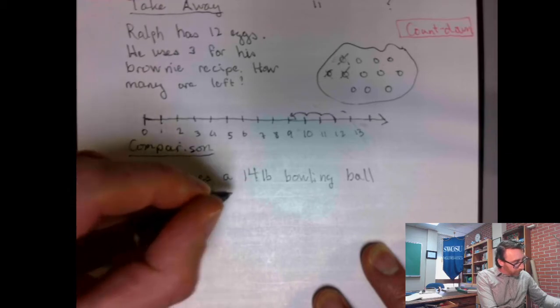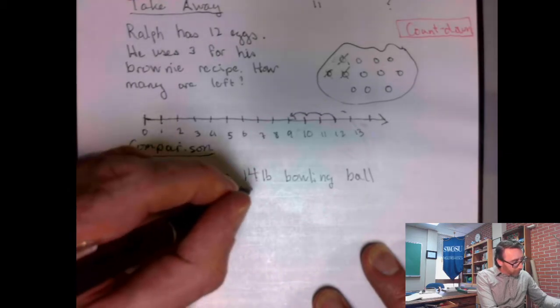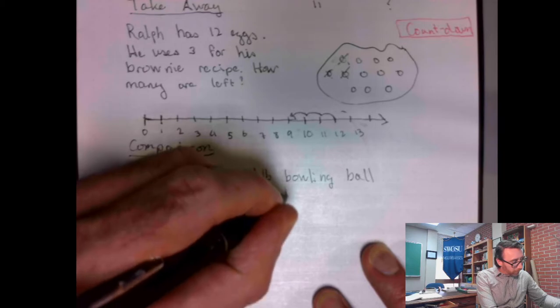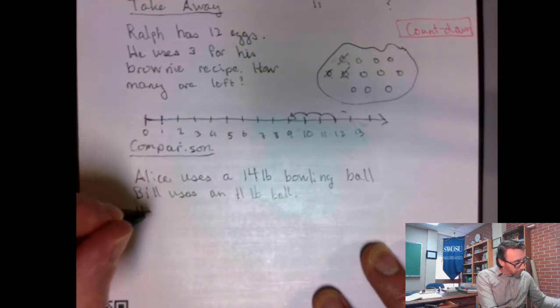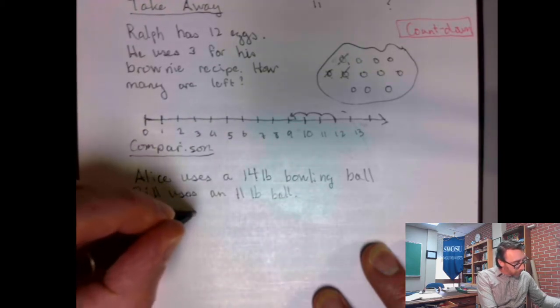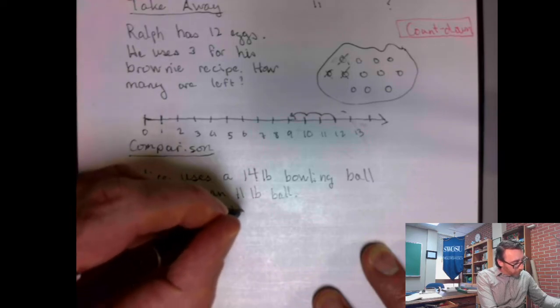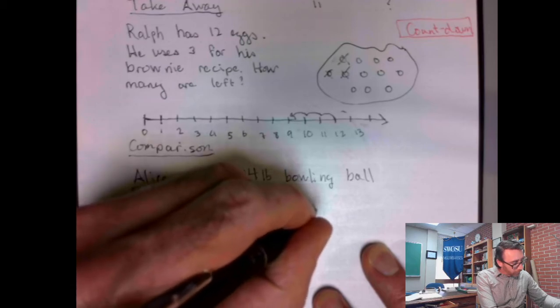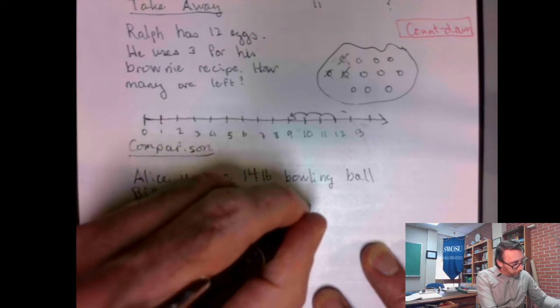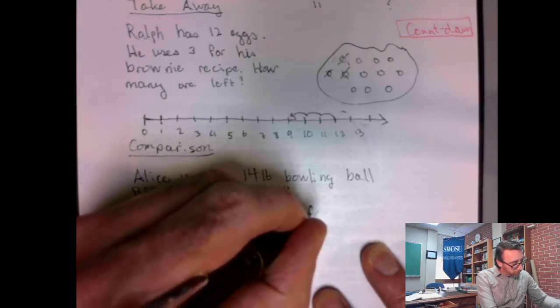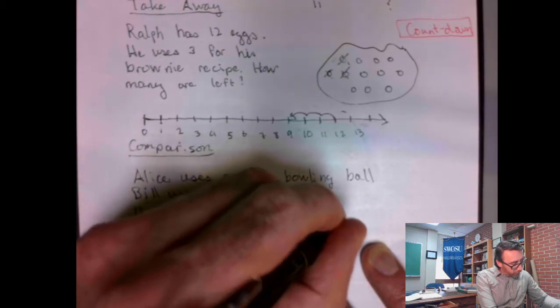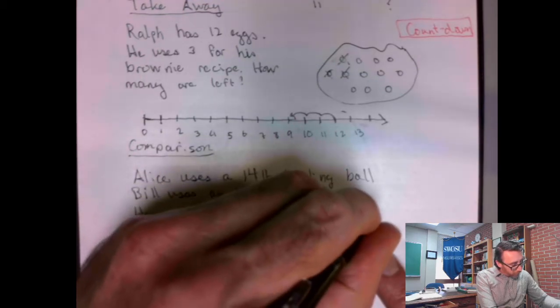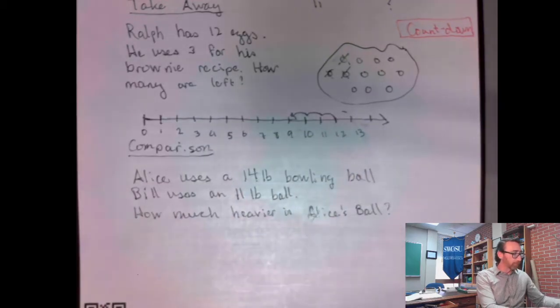Bill uses an 11-pound ball. How much heavier is Alice's ball?